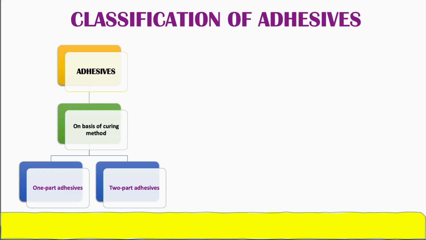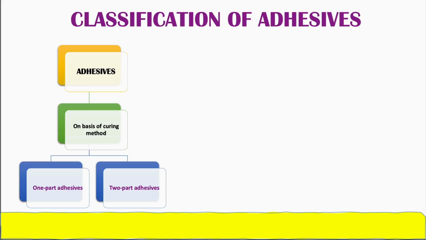Adhesives of this type usually contain photoinitiators, because you know well that photoinitiators are the species which initiate the further polymerization reaction when ultraviolet radiation is incident upon them, and hence enhance the curing reaction. So one part adhesives basically consist of a ready mixture of the two components which can be cured by heat or by UV radiation.